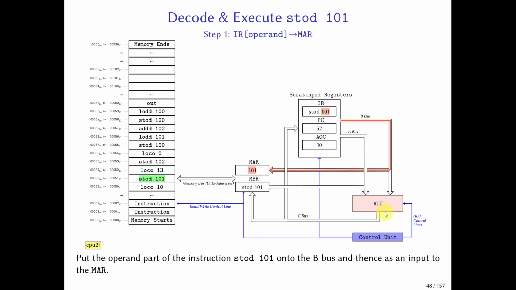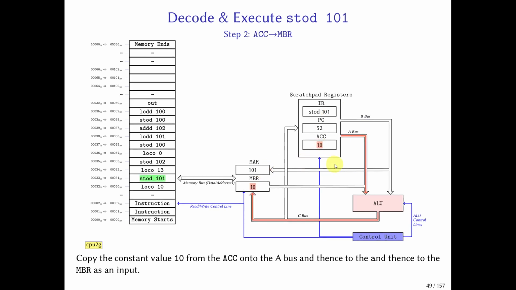Okay, so the control unit then takes that value 101 and sends it down to the memory address register, and then it goes to the accumulator and takes the value that's in the accumulator, which is the constant value 10, and copies it through the network of buses to the MBR.